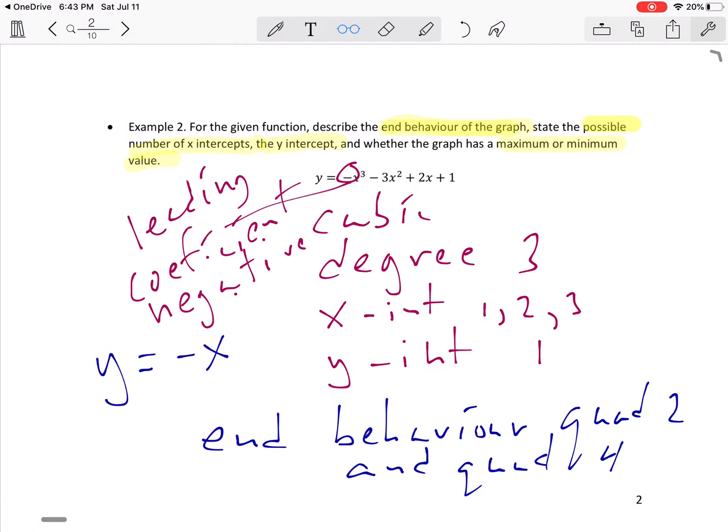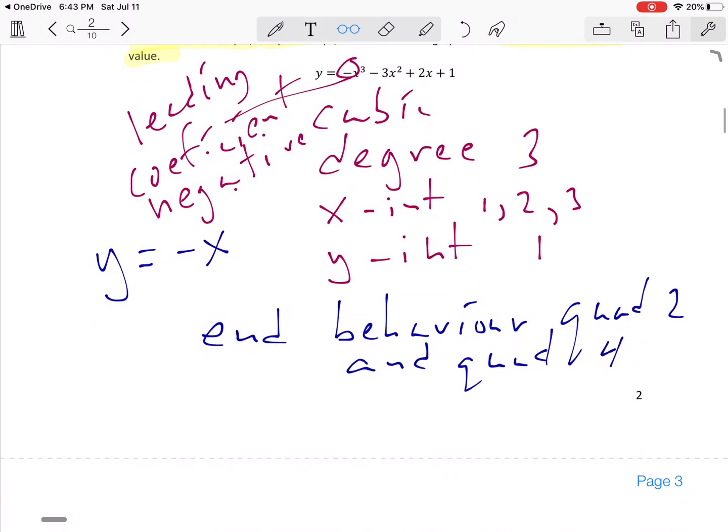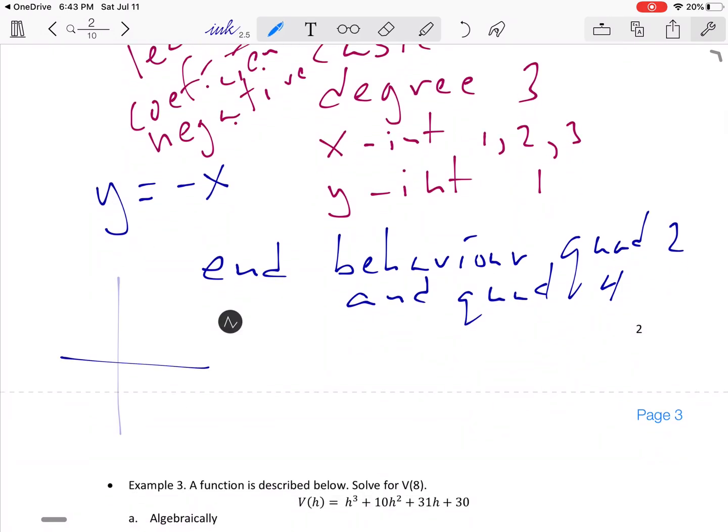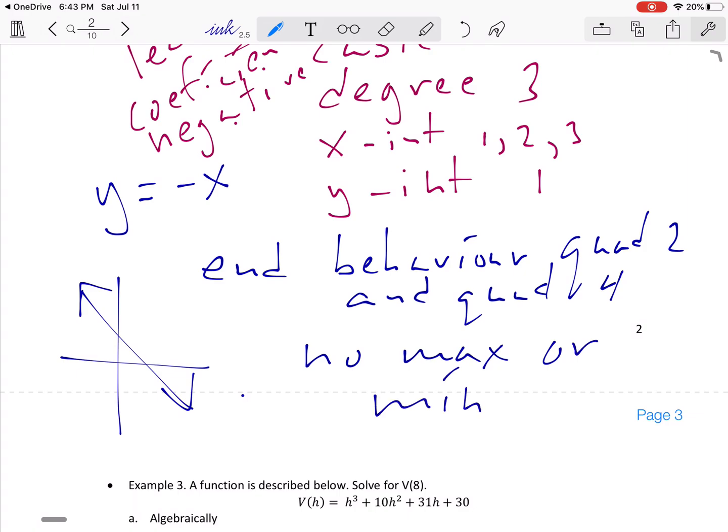Okay, just like y equals negative x would go, right? So y equals negative x would be some line like that. And then in terms of maximum and minimum, for this graph there is no maximum or minimum. Okay, so those are different characteristics you can figure out from the graph.